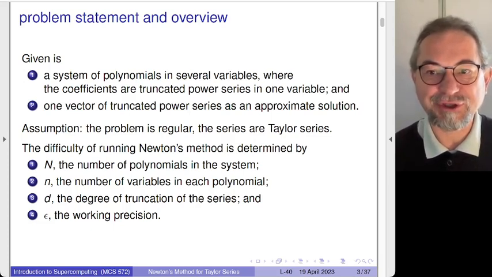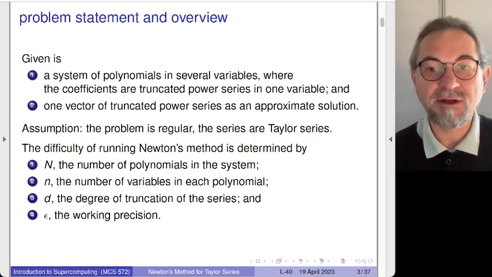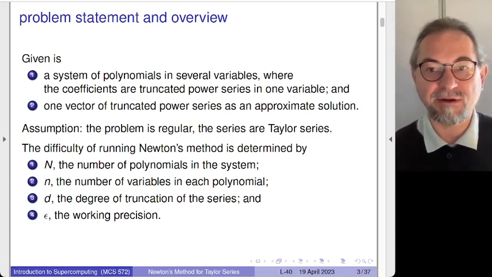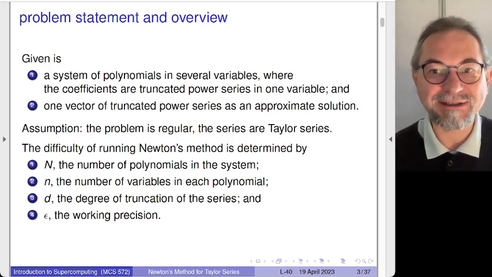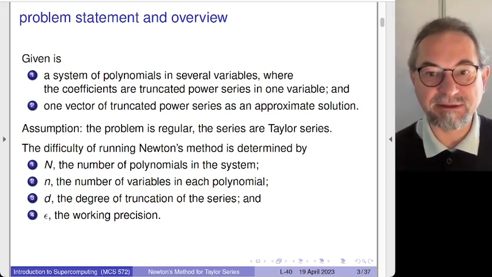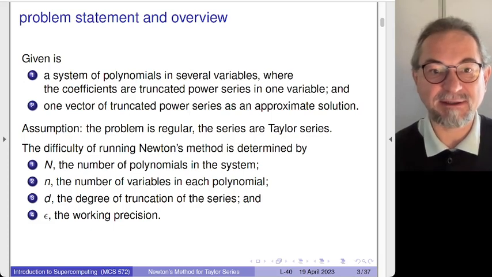So there are other series, Laurent series, that begin with negative exponents, and there are then Puiseux series that have fractional exponents. So they are more general and more fitting within the theory of formal power series. Here we deal with Taylor series as in calculus. And also we assume, therefore, that the problems we consider are analytic.